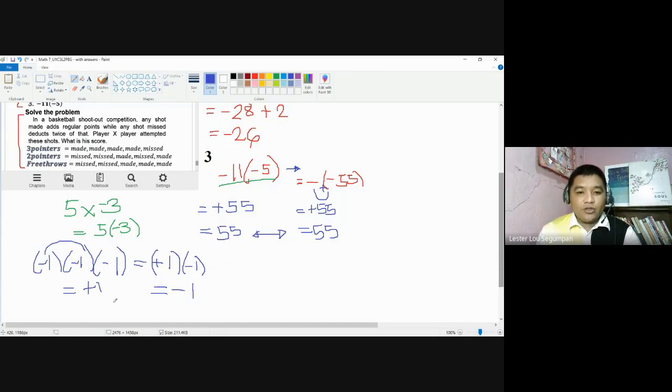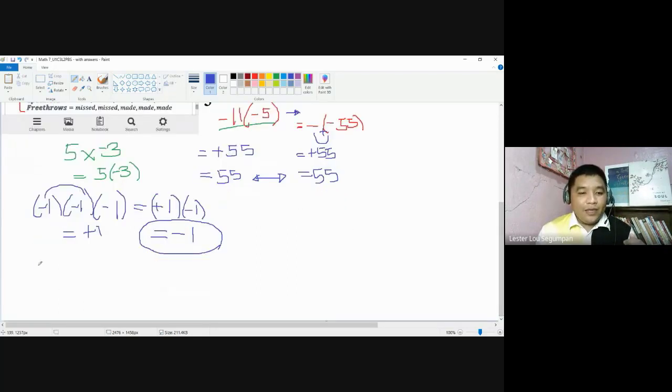Looking at the two situations, this is more correct because the rule is mentioned only for two numbers. Now for three or more numbers, you could do it step by step. So it doesn't necessarily say that if the terms have the same signs, the result is automatically plus. It depends on how many terms there are.